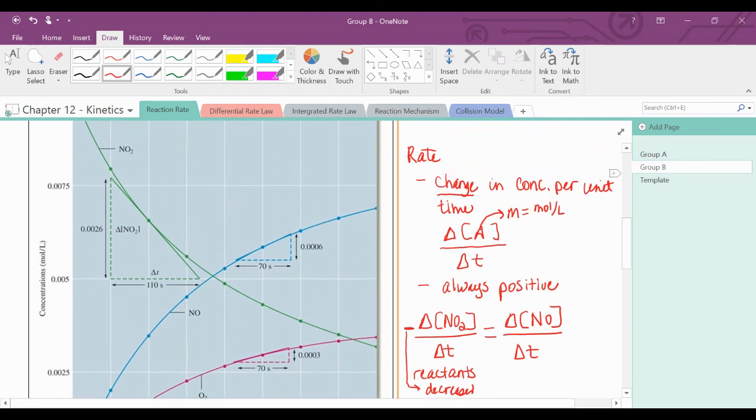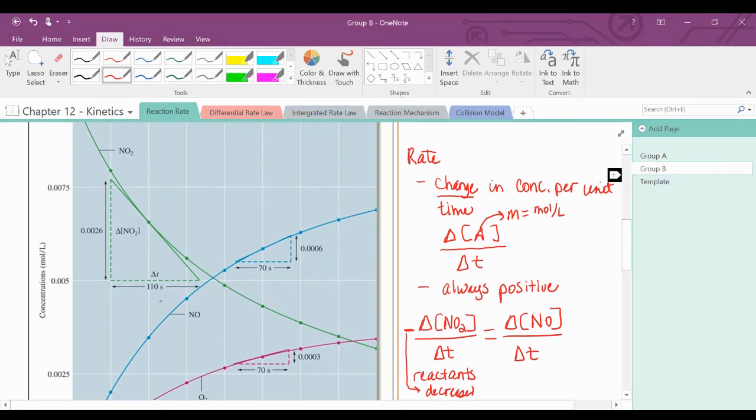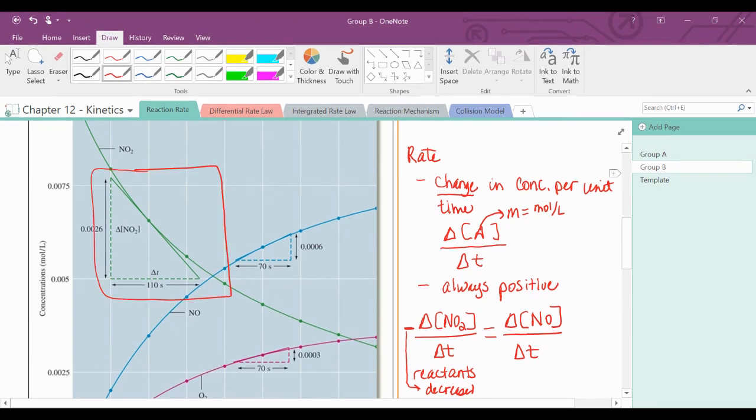So if I look at my graph here, you can see that they're computing the slope of a line tangent to the curve at a point. Okay. This work would represent the instantaneous rate.